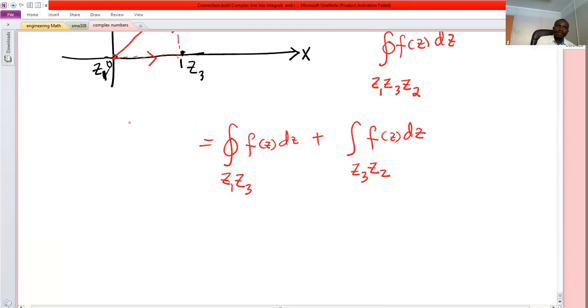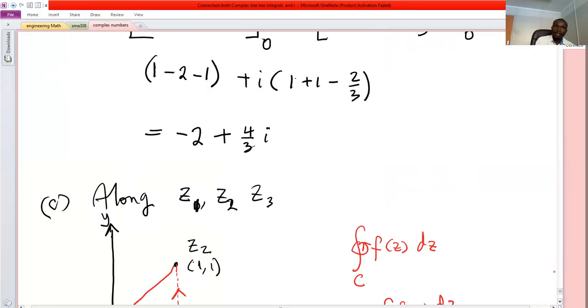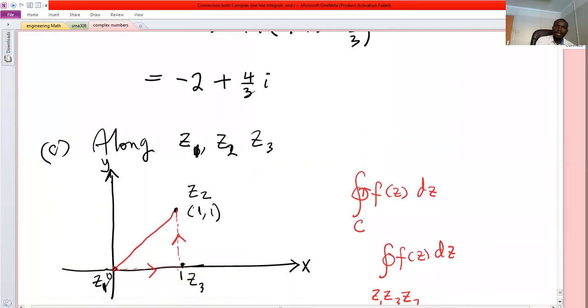So this is an integration along the broken line z1, z2, z3. So remember, this part here, z1 z3 is simply the x-axis.